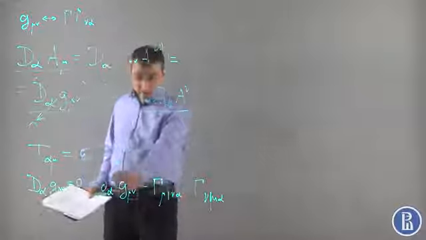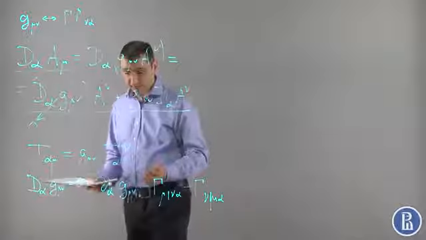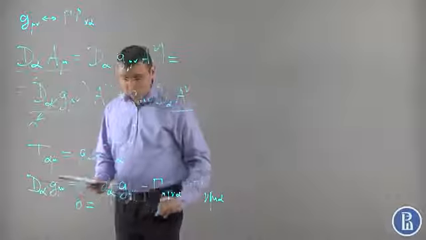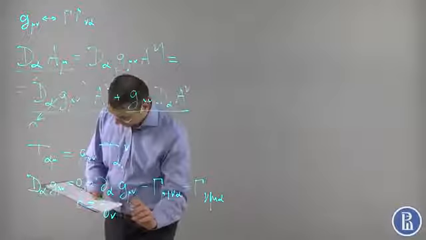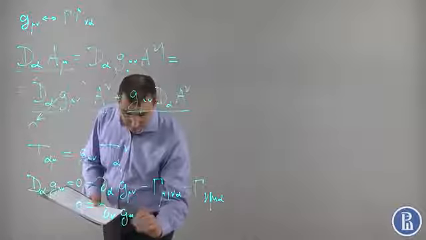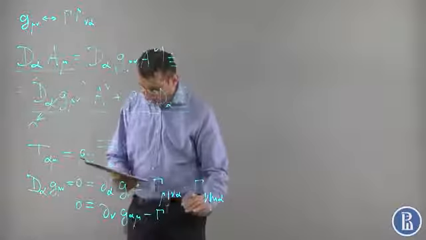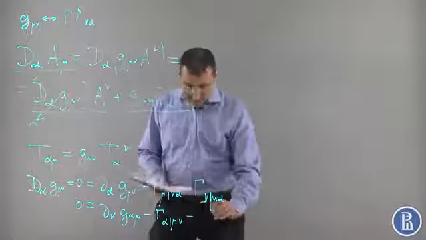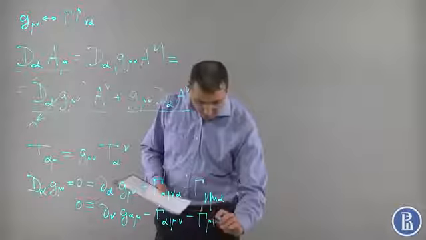Now, we can write this relation in a different manner by just reshuffling the indices. So I can write another equation, which is d nu g alpha mu minus gamma alpha mu nu minus gamma mu alpha nu.